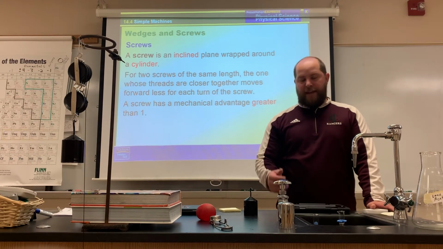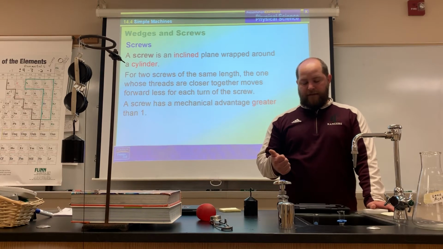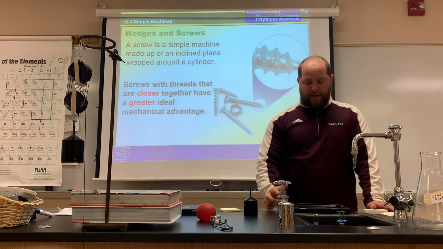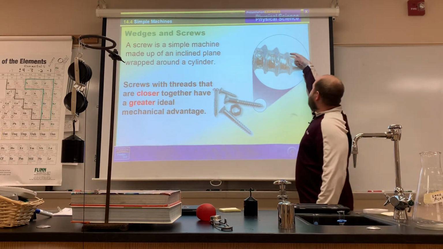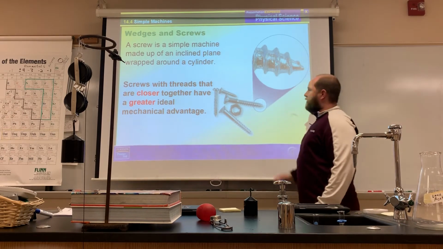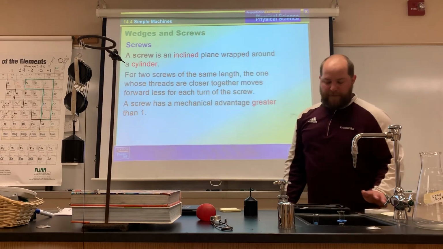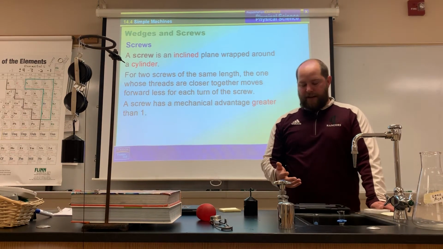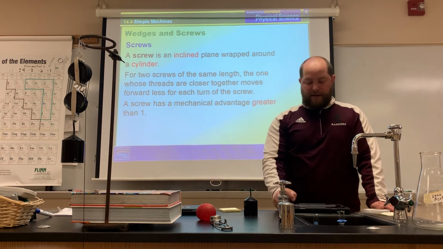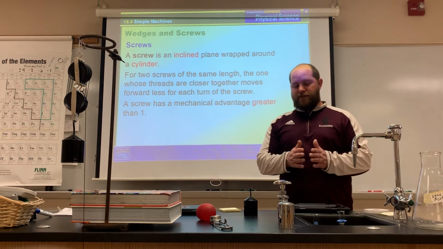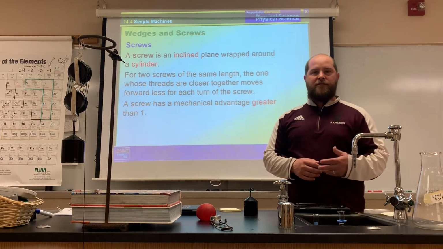Basically, a screw is an inclined plane wrapped around a cylinder. That's really all it is. If you look right here, it's basically an inclined plane that gets wrapped around a cylinder. A screw always gives us a greater mechanical advantage. It makes things easier. The closer the threads of a screw, the easier it is to turn it in.